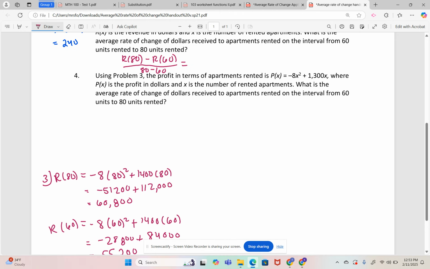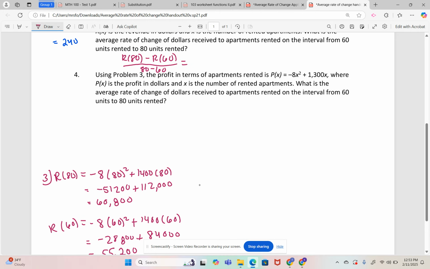Alright, so now we're going to substitute those numbers into the numerator. So the R of 80 minus R of 60 divided by, I went ahead and subtracted that.